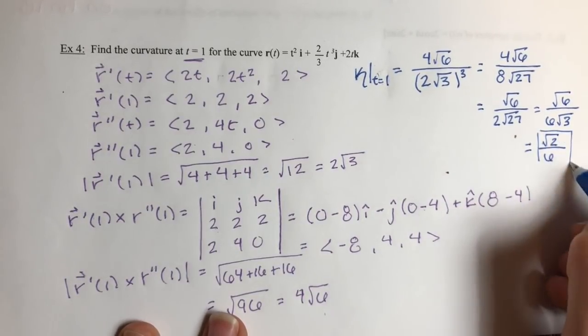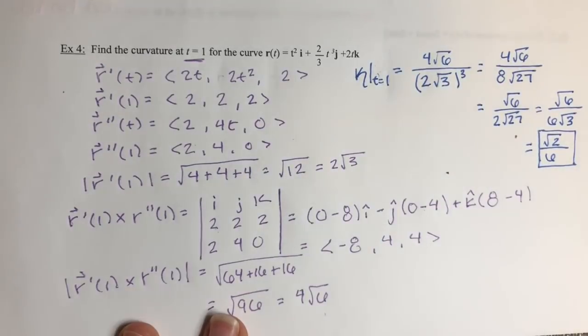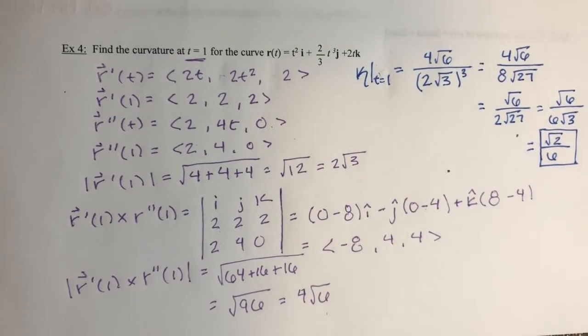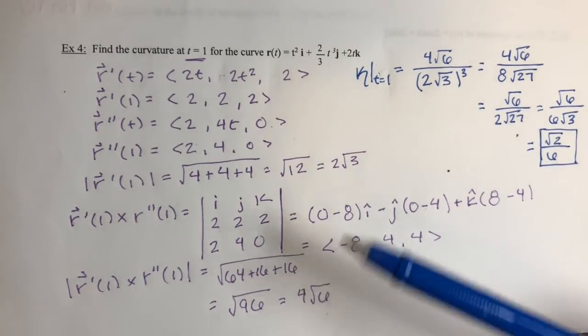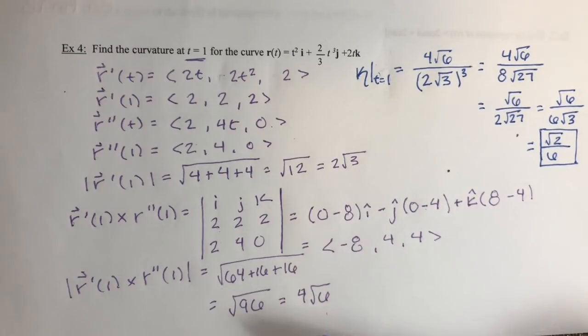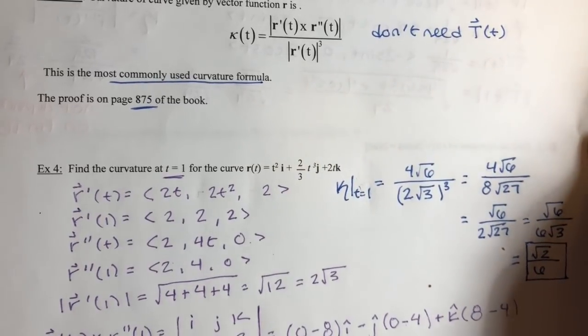So the curvature of this curve when t equals 1 is root 2 over 6. And notice, even though this was some work, we didn't have to find the unit tangent vector. So if we haven't already found the unit tangent vector or the problem doesn't ask for it, this is a much nicer option.